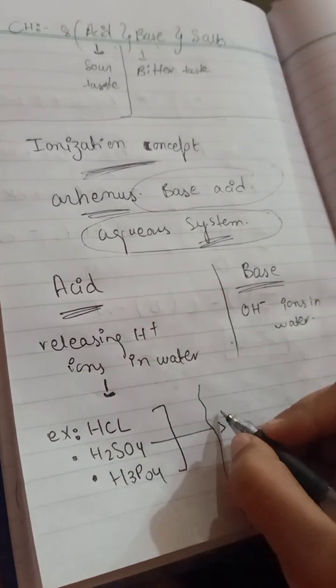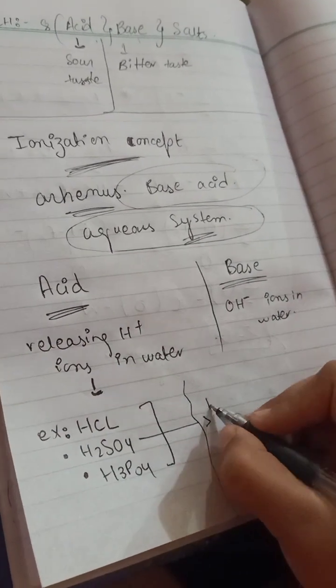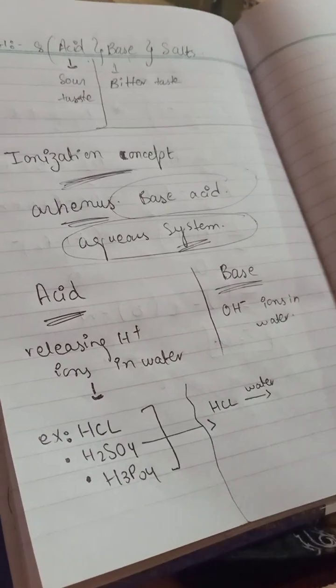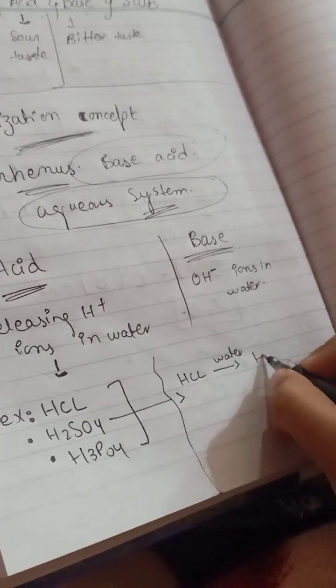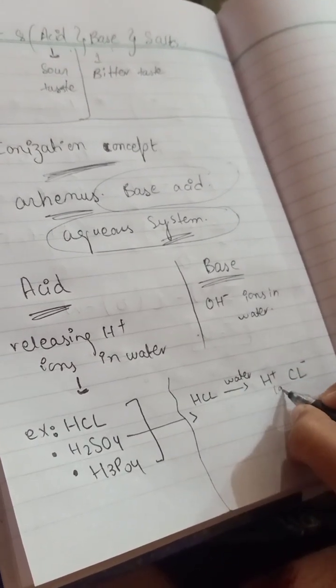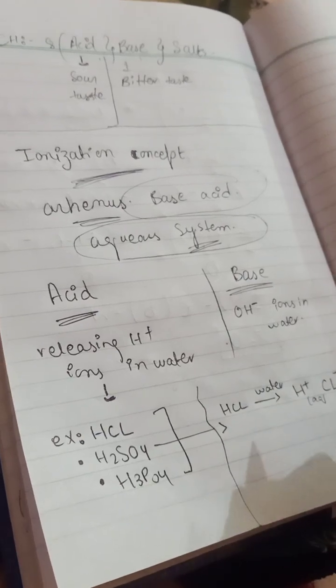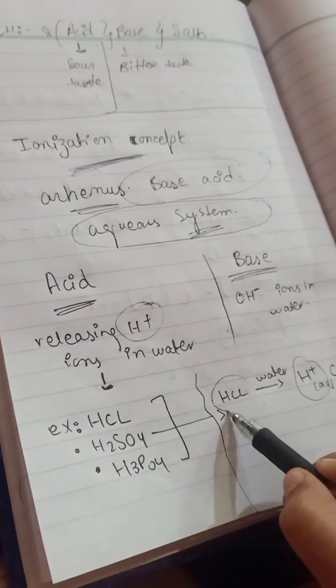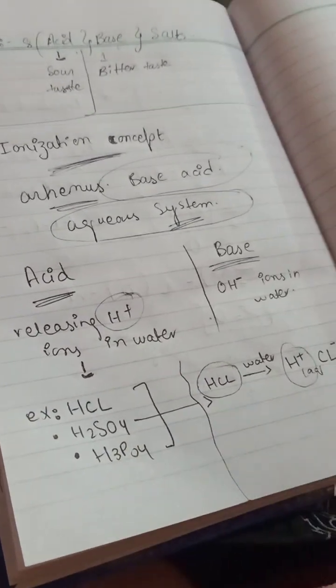Let's see. If we ionize HCl in water, it converts into hydrogen ion plus chloride ion in aqueous form. So it is releasing hydrogen ion, which means hydrochloric acid is basically an acid.